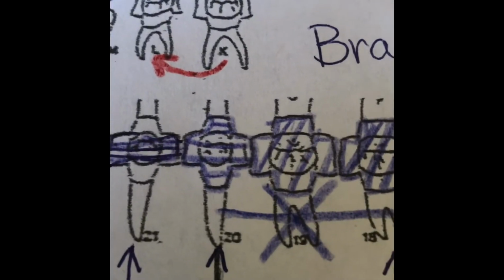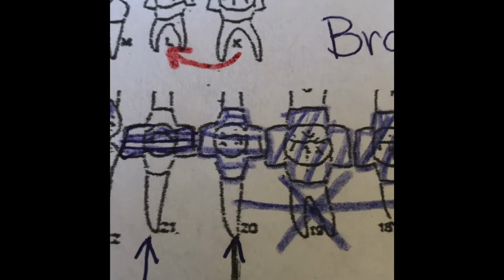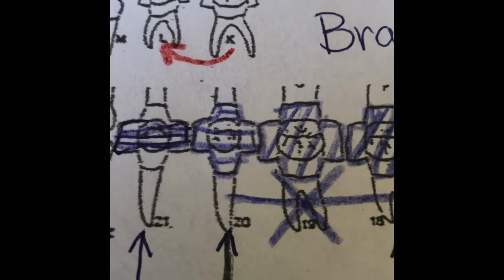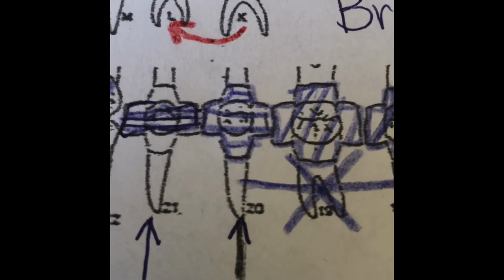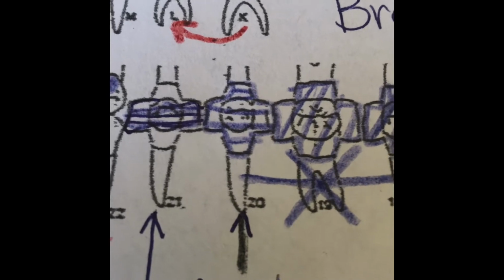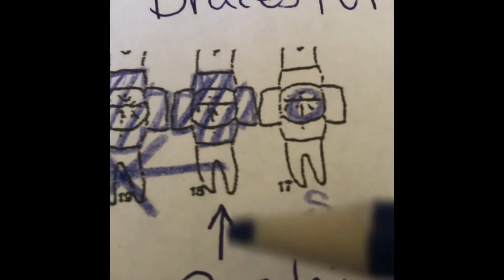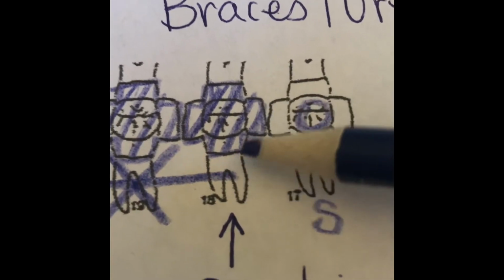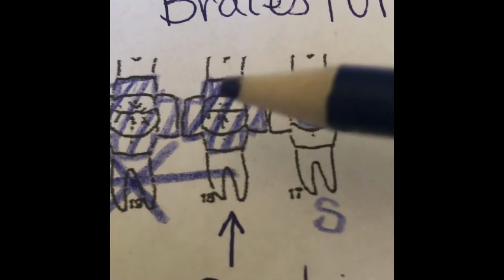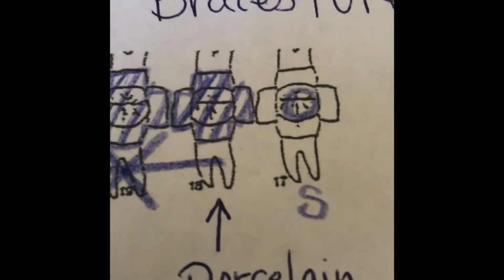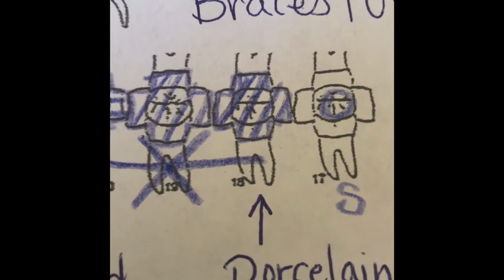Anytime you see a crown with rings around it like that, horizontal rings, you know you have a gold crown. Over here we have another crown that's been outlined in blue, and we have diagonal lines, and diagonal lines are always going to be on a crown. They're going to be porcelain, which is all white.